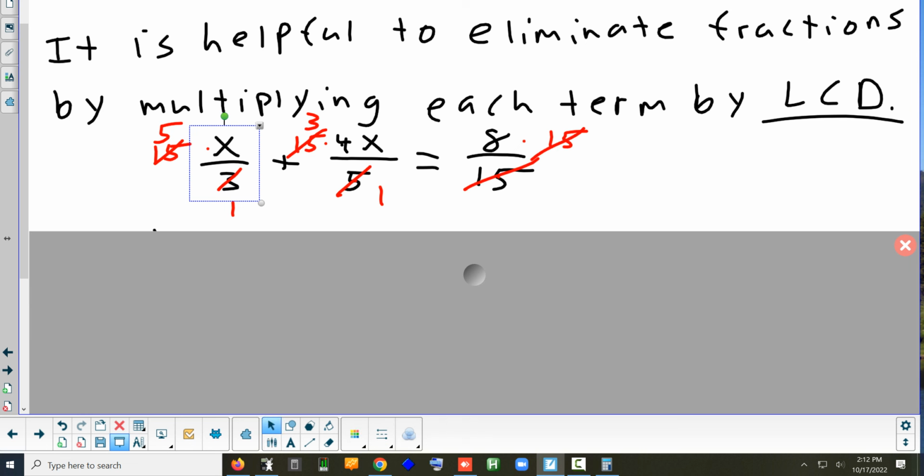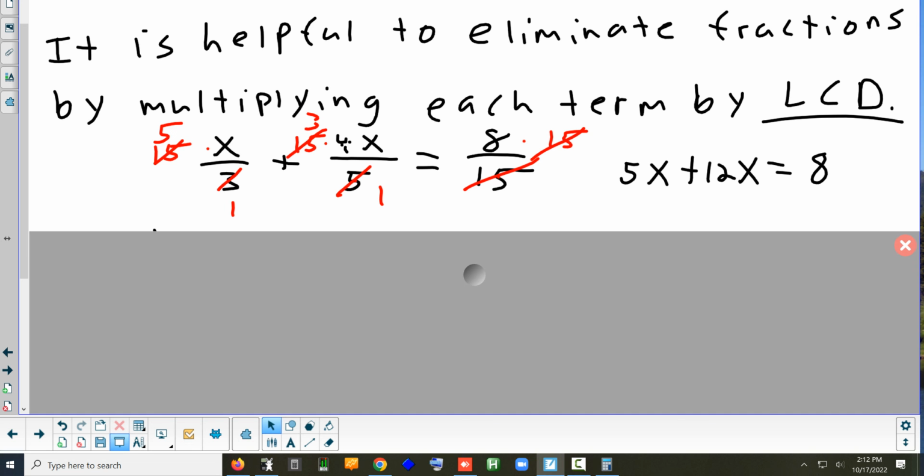Once. So now you're left with something much simpler than what you started with. 5x plus 3 times 4x equals 8. It's a much easier equation to solve now that it doesn't have all those fractions in it. So it would just be 17x equals 8, and then divide by 17.